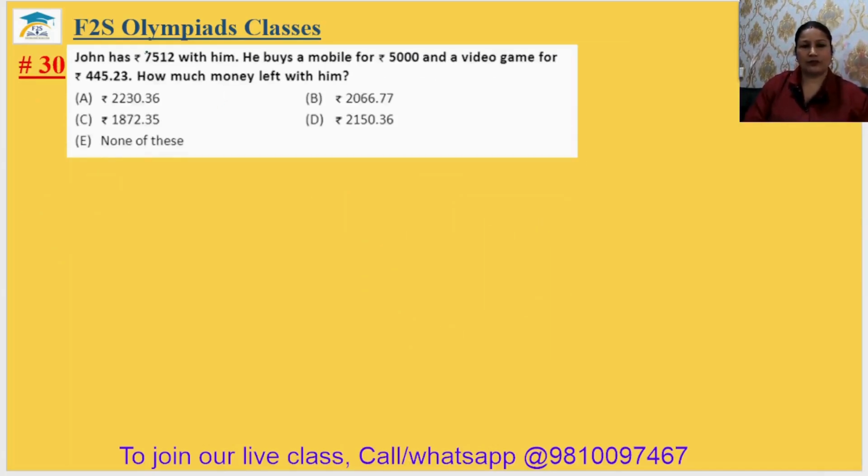Question number 30. John has 7,512 rupees with him. He buys a mobile for rupees 5,000 and a video game for rupees this. How much money is left with him? So he has this money and he bought two things in these.